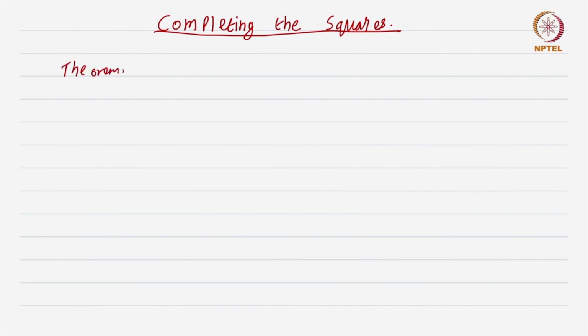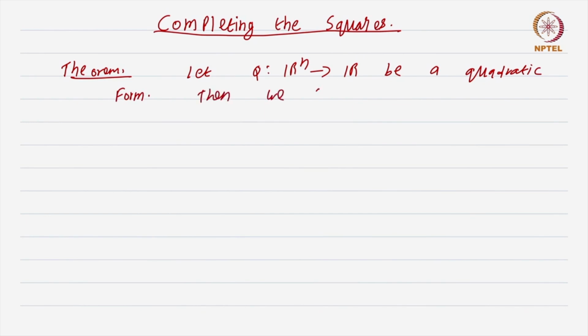So the theorem is as follows: let Q from Rn to R be a quadratic form. Then we can find P plus N linear functionals.